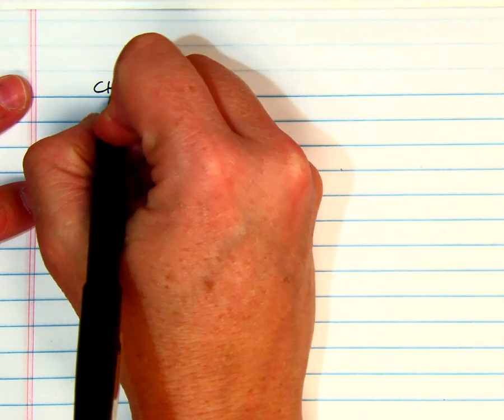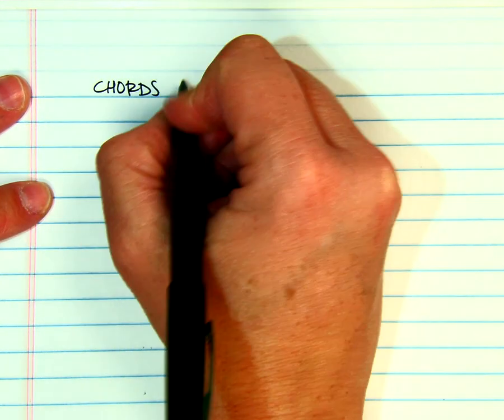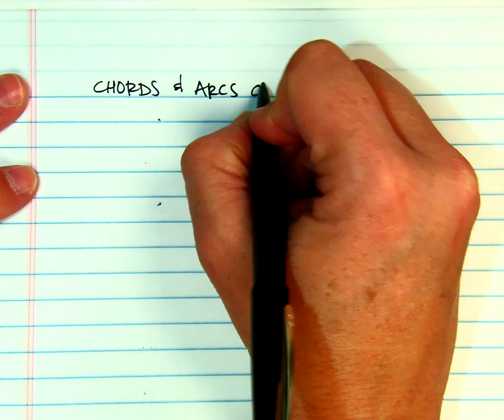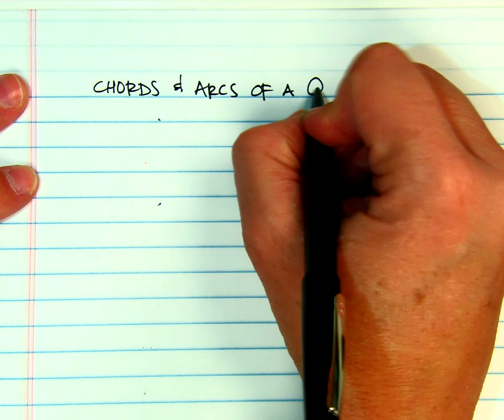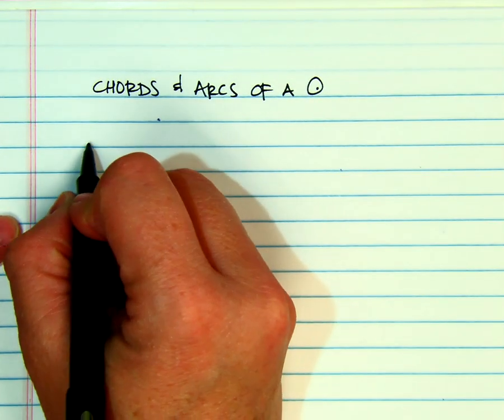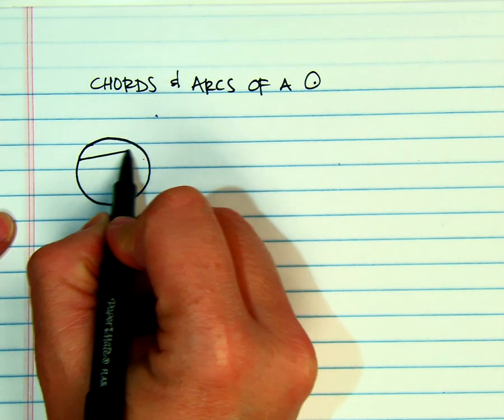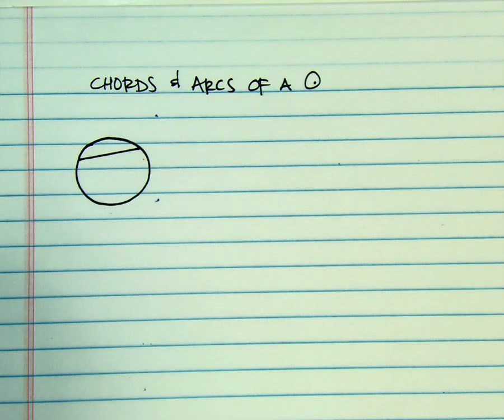Okay, so we're going to talk about chords and arcs of a circle. So let's recall that a chord is a segment that has both points on the circle.